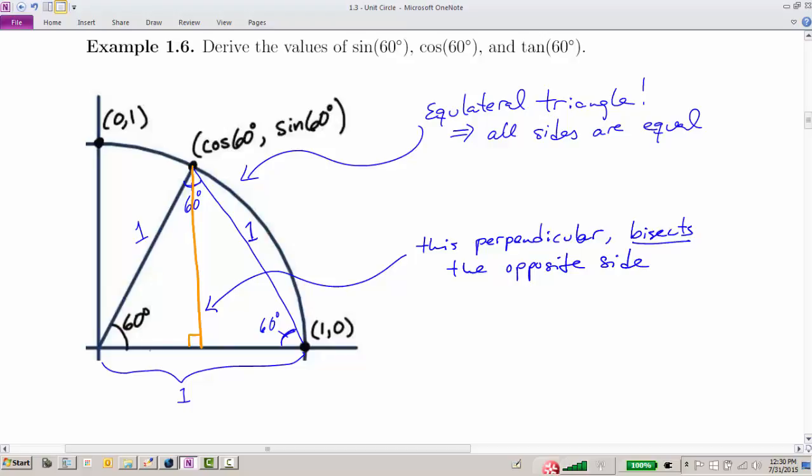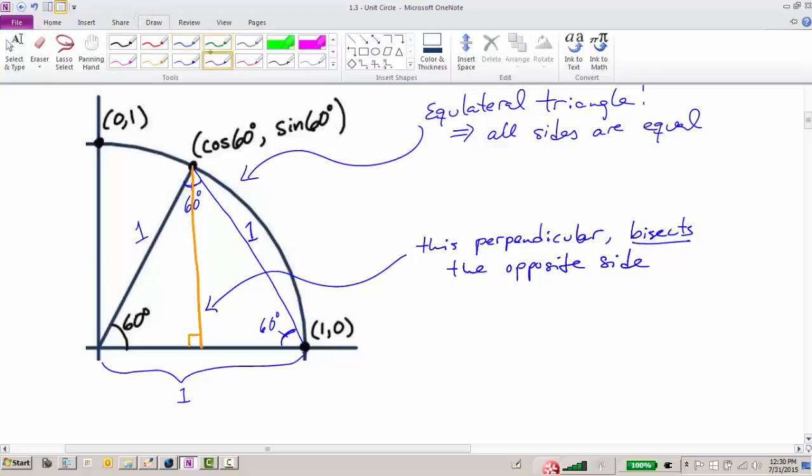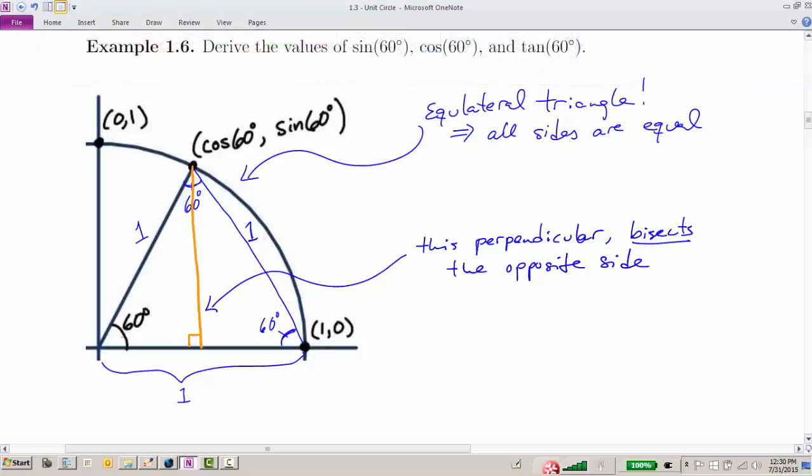So it bisects this side, which means it cuts it exactly in half, not just in two pieces, but in two equal pieces. And that is enough for us to deduce that this length here is 1/2, which means that the x-coordinate of this point is 1/2, which means that cosine of 60 degrees is 1/2.